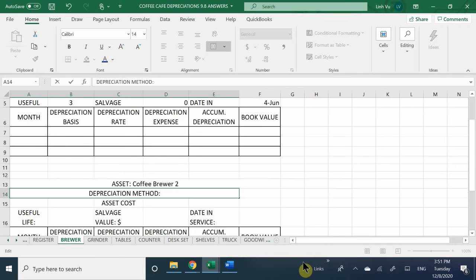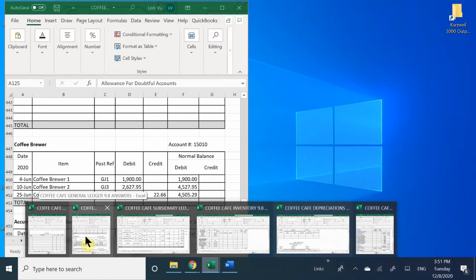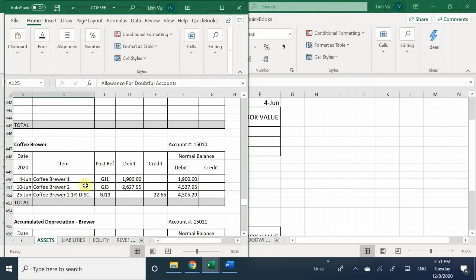Since we're already here, straight line. What is my asset cost for coffee brewer number 2? We may have to do some math here. How do you solve for the cost of the second brewer?